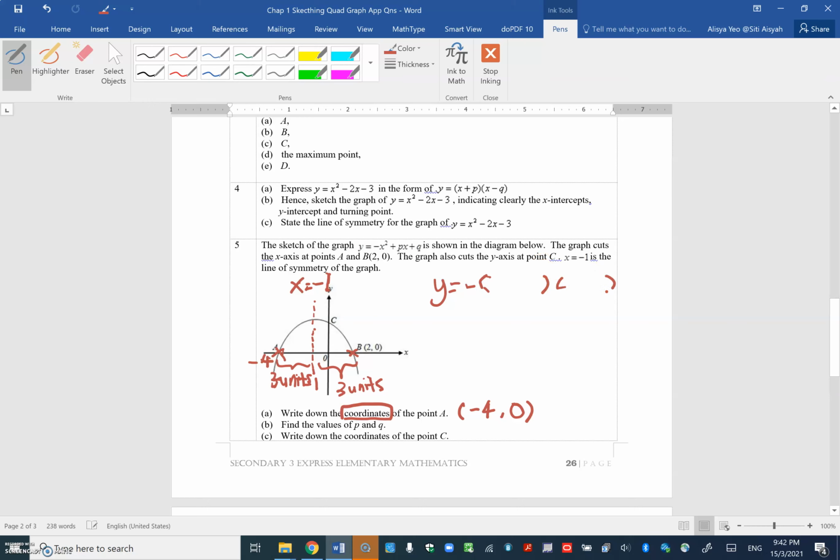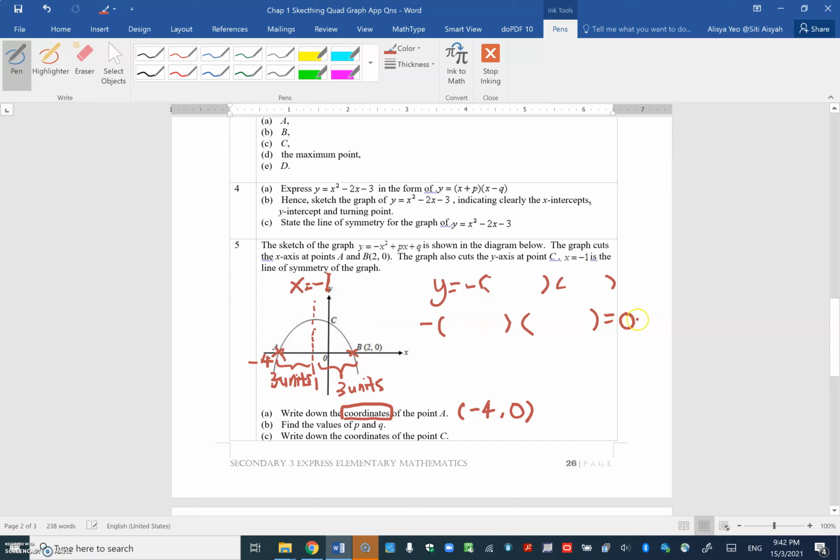If you were to go backwards like normal, when solving for your x-intercepts you let y be 0, so you will have two brackets equals 0. This is solving for the x-intercepts.